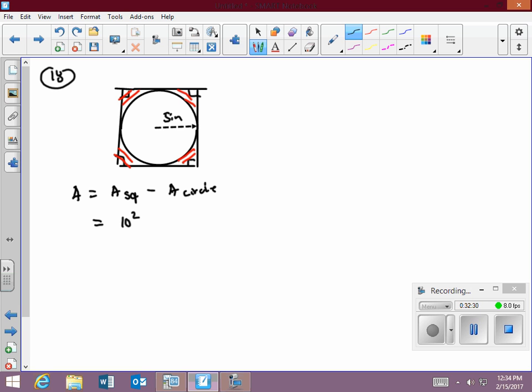And then minus pi r squared is the circle, and that's 5 squared, right? Is that by r squared? 5 squared.